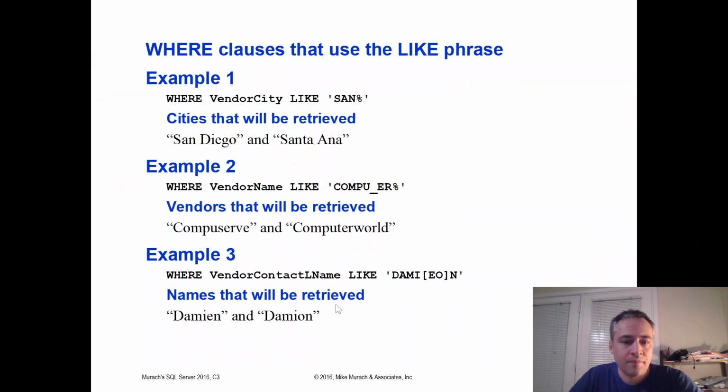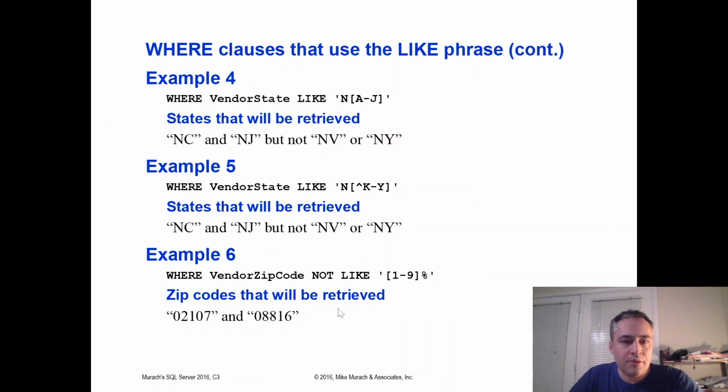All right, let's keep going. This is interesting. We can filter the states where the code for the state begins with N, and then any letter from A to J capitalized, or for that matter, N and then not any letter from the range K to Y. So the results are actually the same, interestingly.